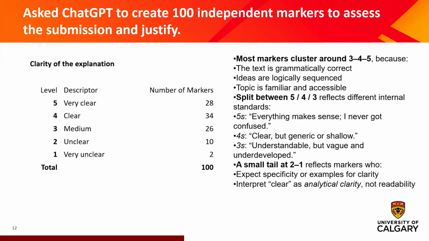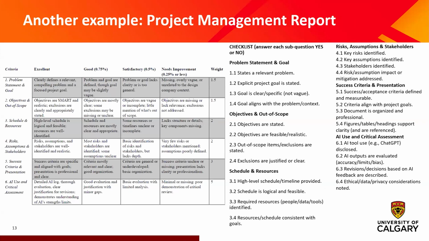What we did to get around this was to take the course rubric, and for each criterion, for instance, problem statement and goal, this is for project management, clear defines a relevant, compelling problem and a focused project goal. And then we have the descriptors for each one of them.